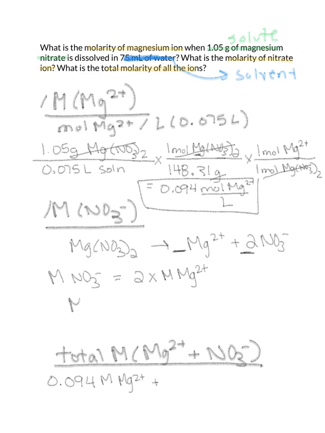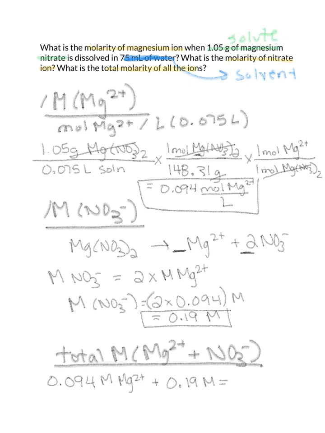So apparently the molarity of the nitrate is just 2 times the 0.094 that I got up here. So it's equal to 0.19, by the way, when I multiply those out. And so now I can go ahead and add that together, 0.19 molar, and I get 0.28 molar as my total molarity. I have to add together all the ions.